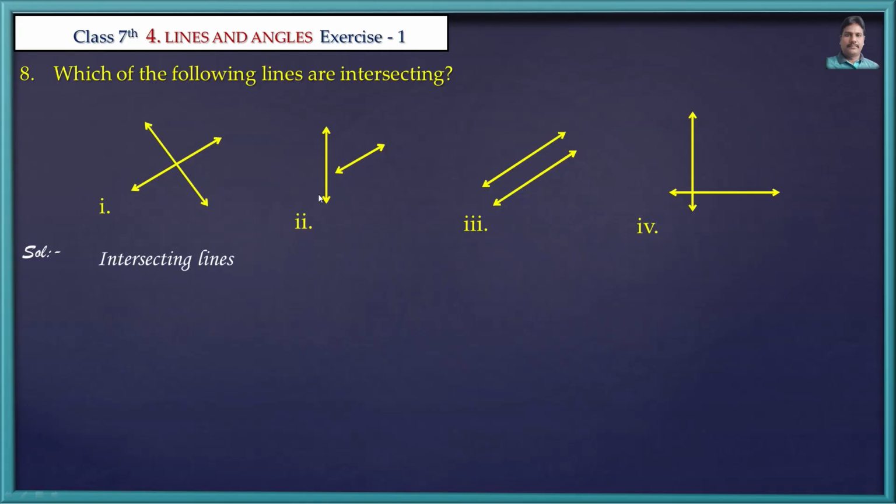These are also intersecting lines because if we extend this line, this will intersect at a point. So these are intersecting lines. These are parallel lines because if we extend them also they don't intersect. So these are non-intersecting lines. Here these are clearly intersecting lines.